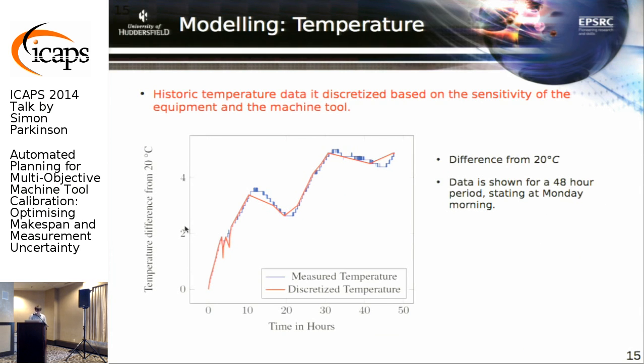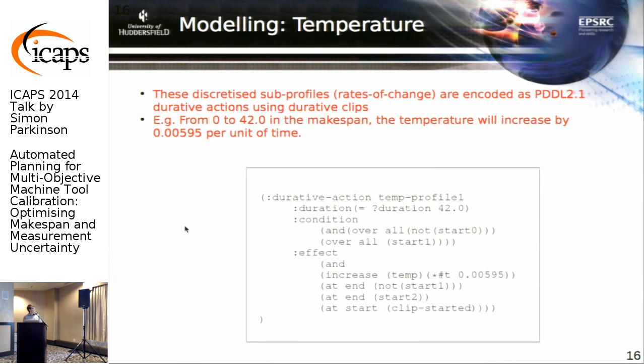To get our temperature profile into our PDDL domain, we needed to remove the continuous factor as much as possible. So we discretized it based on the sensitivity of the instrumentation and the machine tool. Here we've got the historic data for 48 hours, and you can see how it deviates from 20 degrees C. 20 degrees C is the standard in the ISOs for machine tool measurements, which is why we're looking at deviation from 20 degrees C. We represented these as a series of durative actions clipped together.